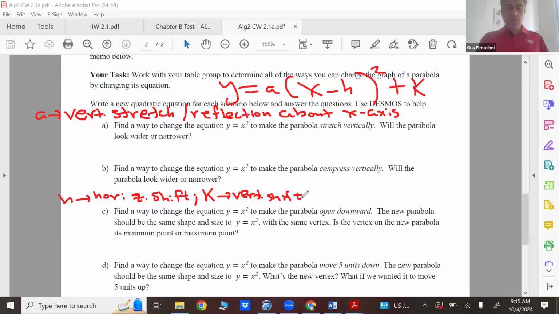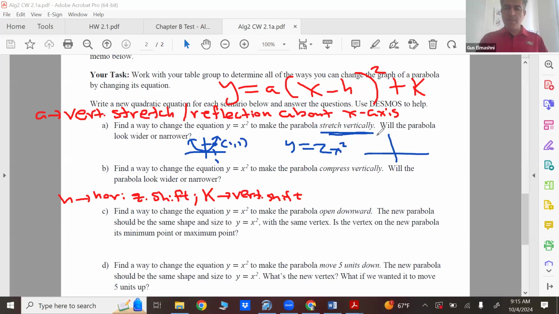So now, let's look at part A. Find a way to change the equation to make the parabola stretch vertically. Okay, so y equals x squared looks like this, roughly. What if I do y equals 2x squared?